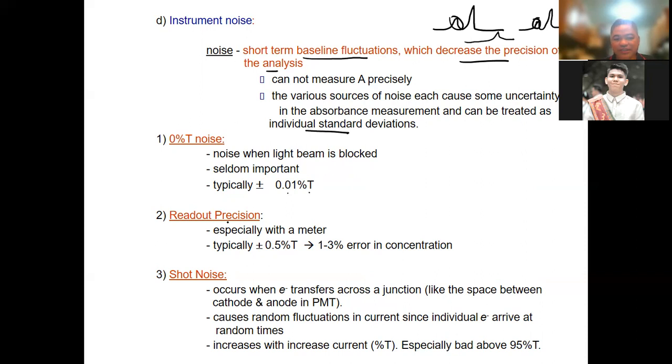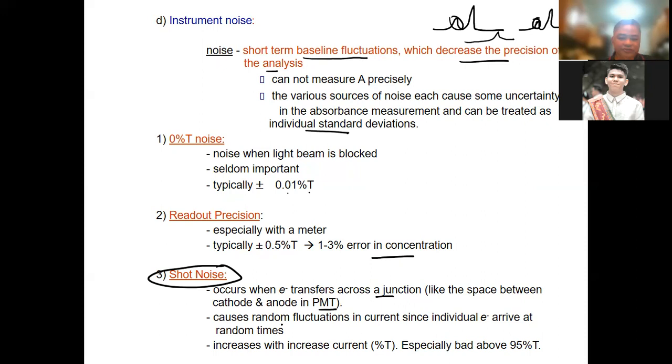And then you have the readout precision, especially if you have a meter. So typically it's 0.5% transmission, which is 1 to 3% error in the concentration. Now, meron din tayo tinatawag na shot noise. So shot noise happens when electrons transfer across a junction, like the space between the cathode and anode in your photomultiplier tube.